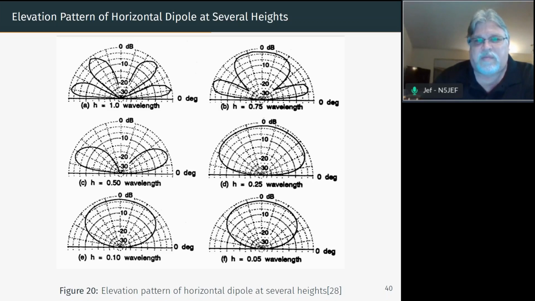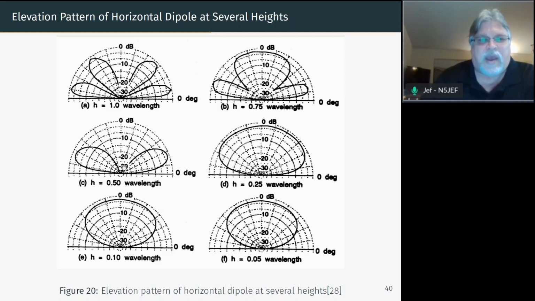Moving up to quarter wavelength, this is ideal for NVIS, roughly, where we have maximum gain, minimum absorption in the Earth, and we're putting a lot of energy into these upper angles. Excellent for NVIS.